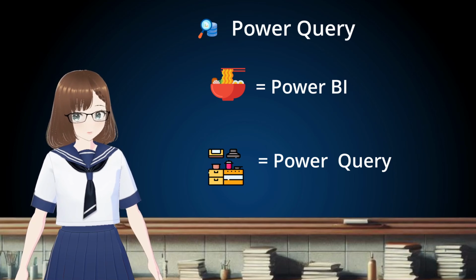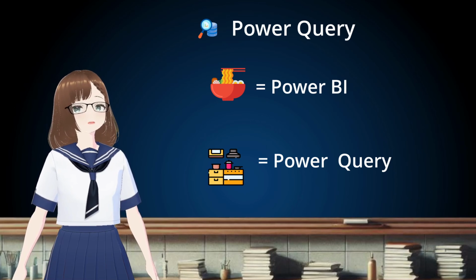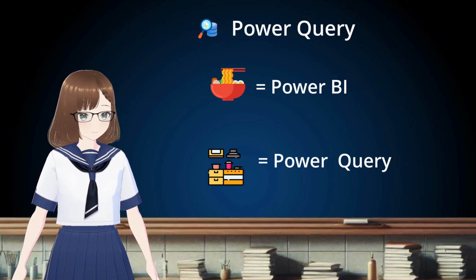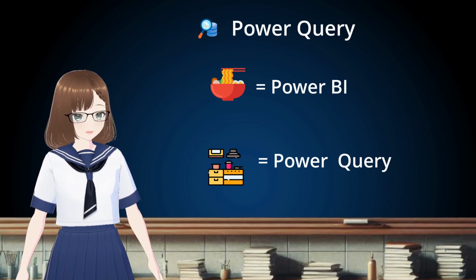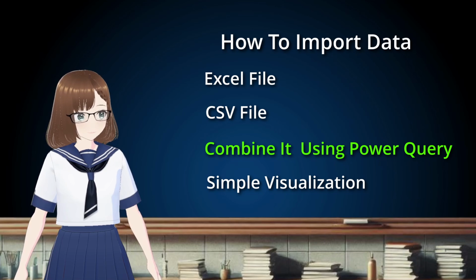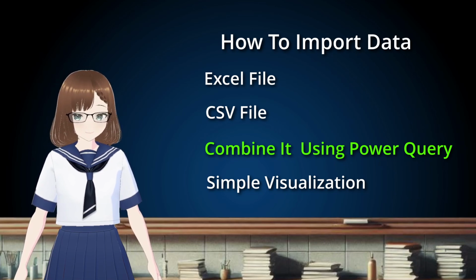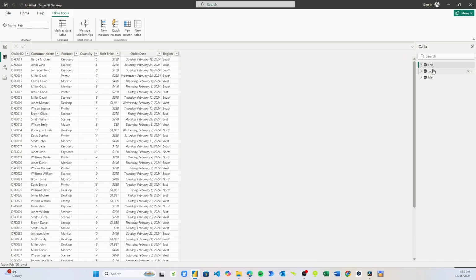It collects raw data, merges it, removes unnecessary parts, and organizes it into a clean and usable format. Power Query is a convenient tool for organizing data and serves as a critical support for efficient analysis and report creation in Power BI. Next, I'll show you one method to combine these datasets into a single table.